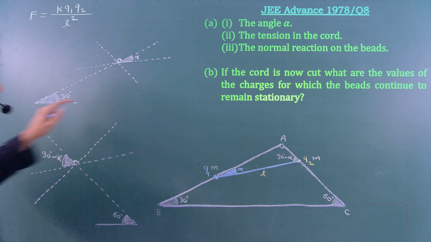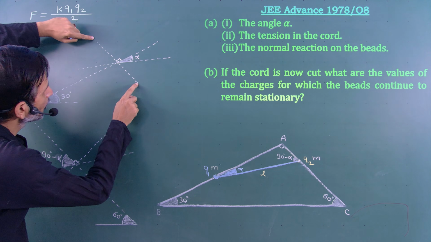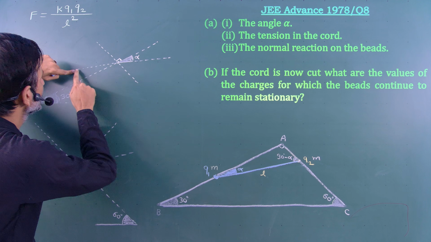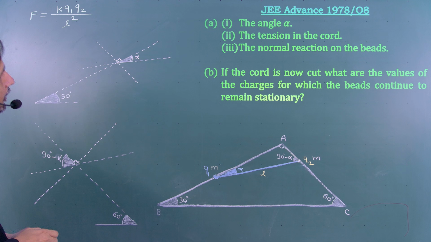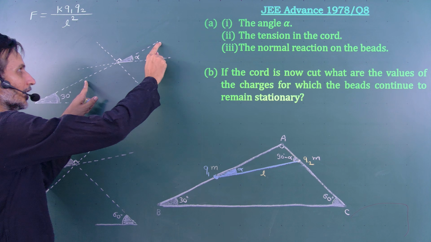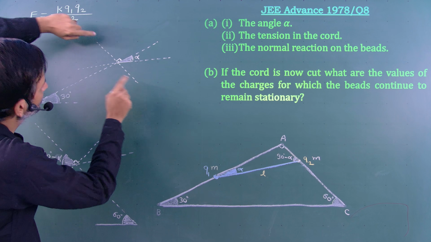This AB line makes an angle of 30 degrees. This is the normal to the AB line, and this blue line makes angle alpha. For calculation it is easy if we break the components, one along this plane and second perpendicular to this plane, in this direction.